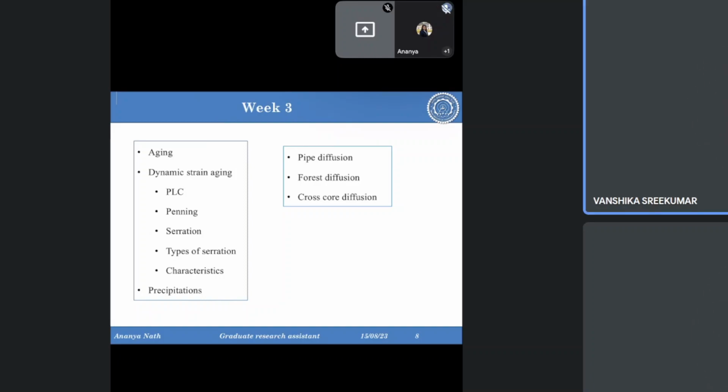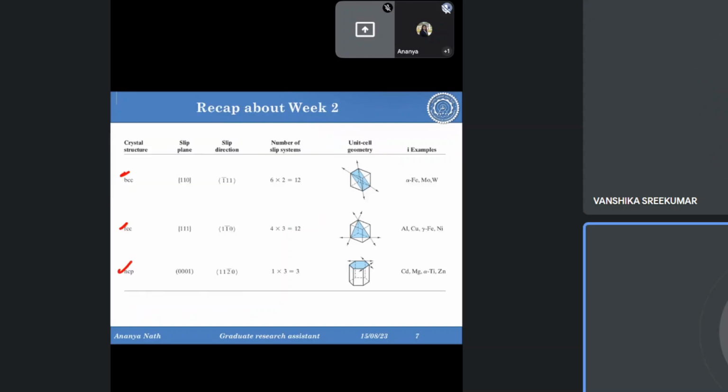Ma'am, one thing, can we then assume that all FCC materials will be very ductile and rather soft? Yeah, you can assume that ductility will come with the FCC lattice. And ma'am, how about HCP? Yeah, HCP also has slip planes, but HCP has fewer slip systems, so obviously its ductility will not be that much.